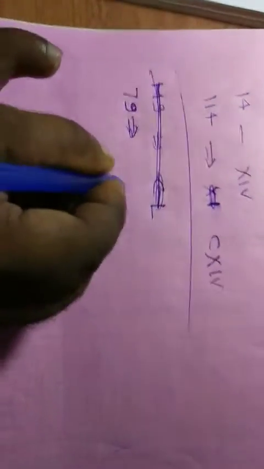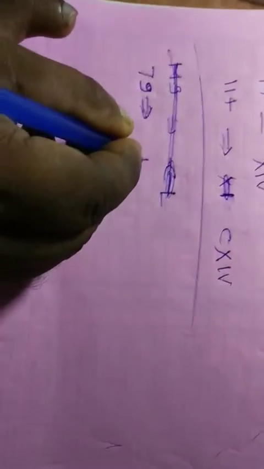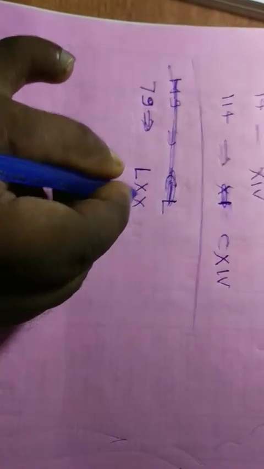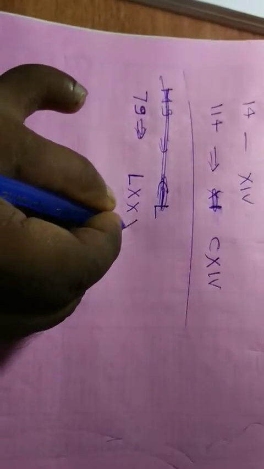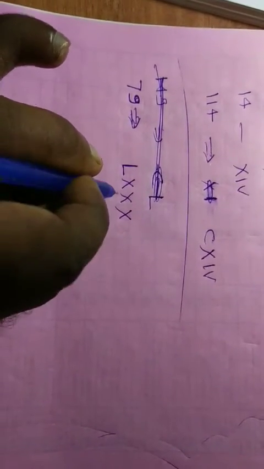You know that for writing 79, L stands for 50, X stands for 60, 70, and it is 80. Where do we use I?